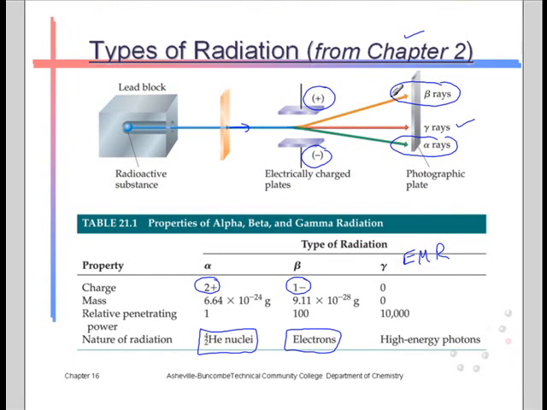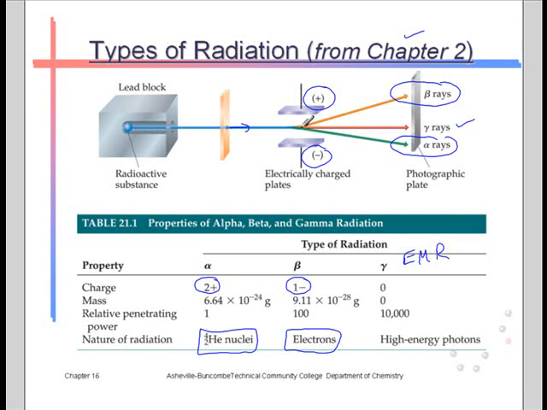Last thing I want to say about this is just notice the magnitude of the deflection. It's actually telling you something about the mass. The alpha particle is like throwing a bowling ball through here, something nice and heavy. It takes more energy to deflect it.